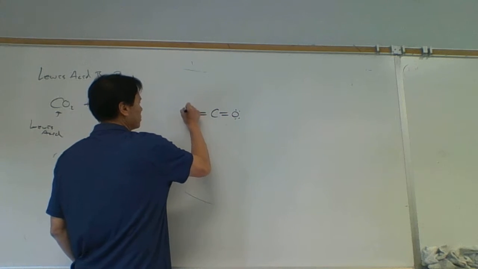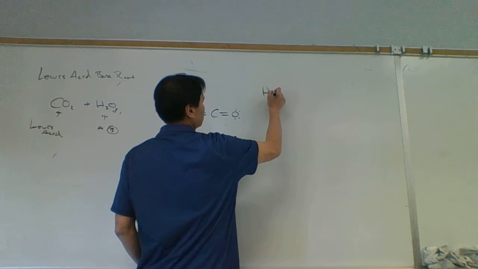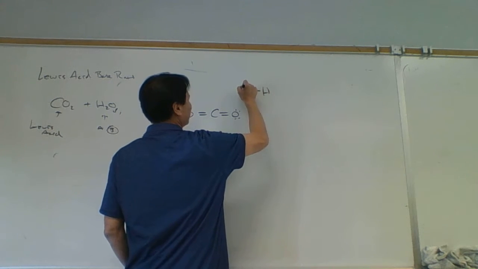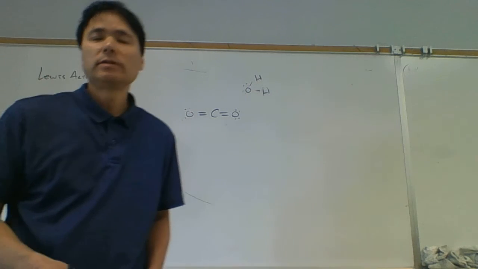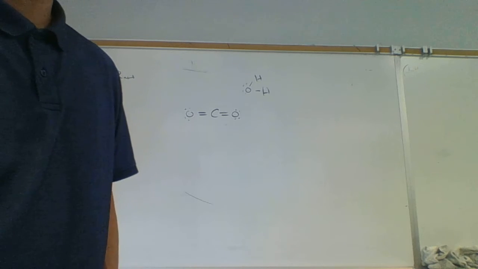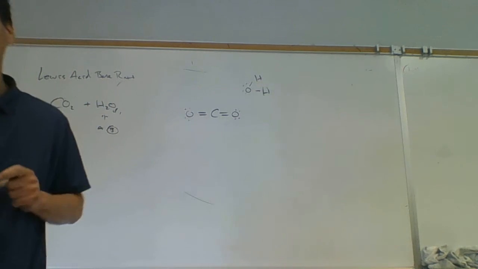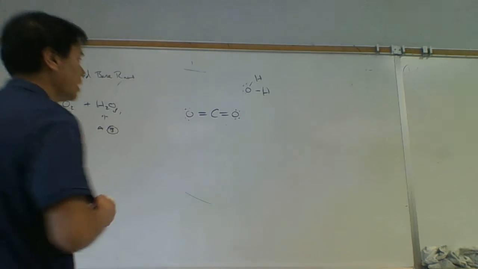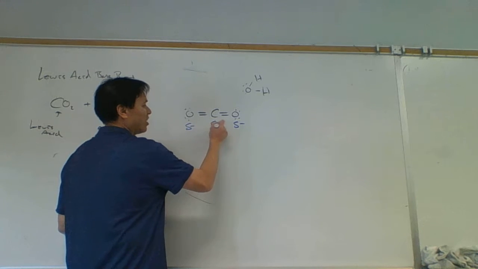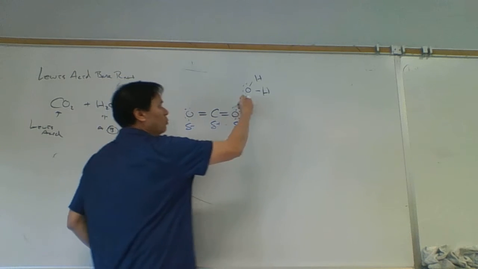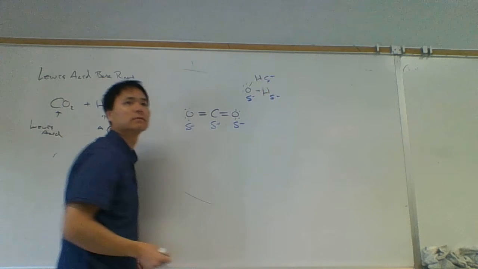So we'll draw out the Lewis structure for CO2, and then for water. Then we look for positive and negative parts. As far as CO2 goes, the oxygens are negative, so delta minus. The carbon's positive. If we look at the water, the oxygen's negative, the hydrogens are positive.